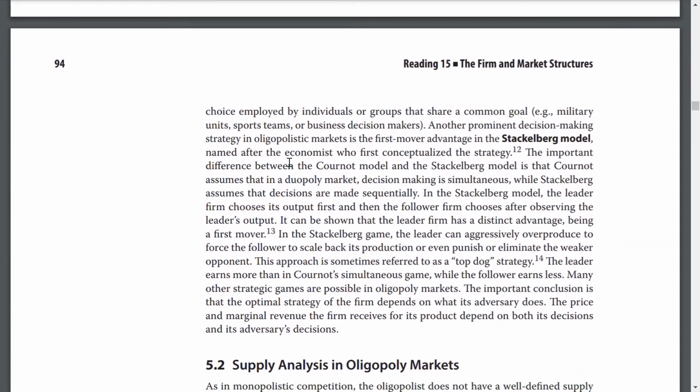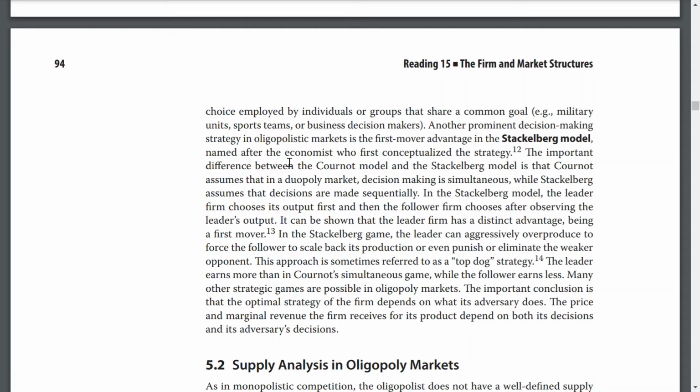Choice employed by the individual or group that shares a common goal, e.g. military units, sports teams, or business decision makers. Another prominent decision-making strategy in an oligopolistic market is the first mover advantage, or the Stackelberg model, named after the economist who first conceptualized this strategy.